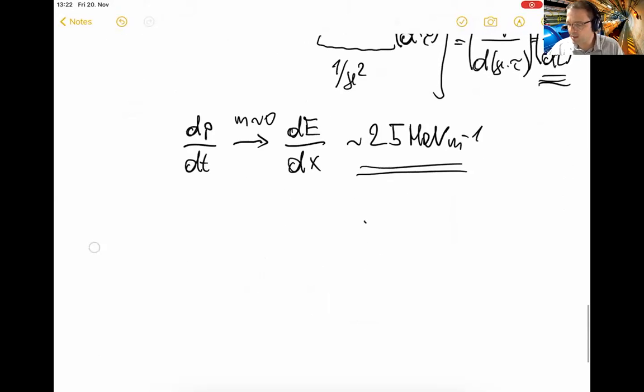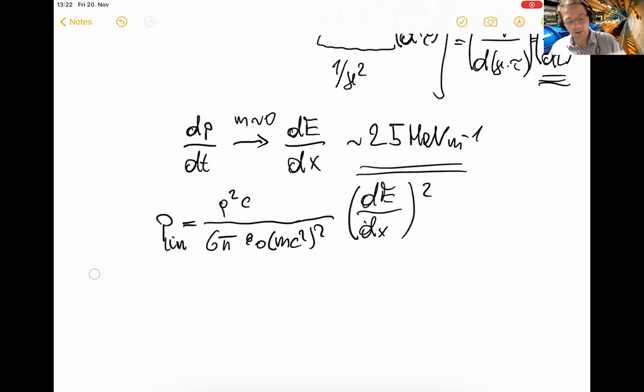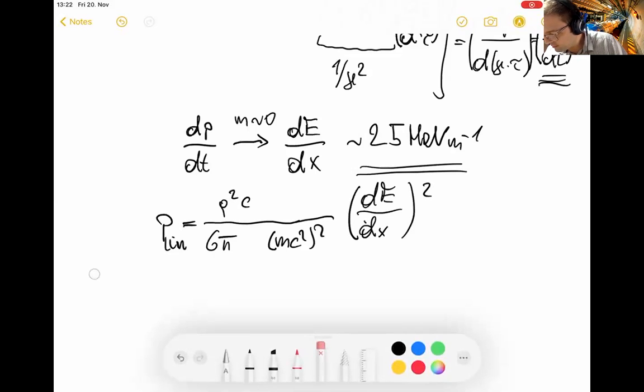And we can insert this now, everything together, in our linear acceleration Larmor formula, which is q squared times c divided by 6 pi epsilon 0 mc squared squared times dE over dx squared. And now we run some numbers, okay? Wait, this is unreadable, I'm sorry. Now we run some numbers, practicalities.